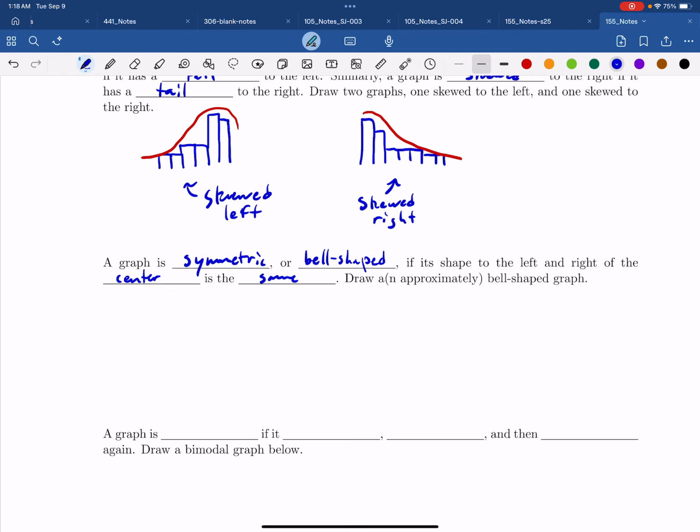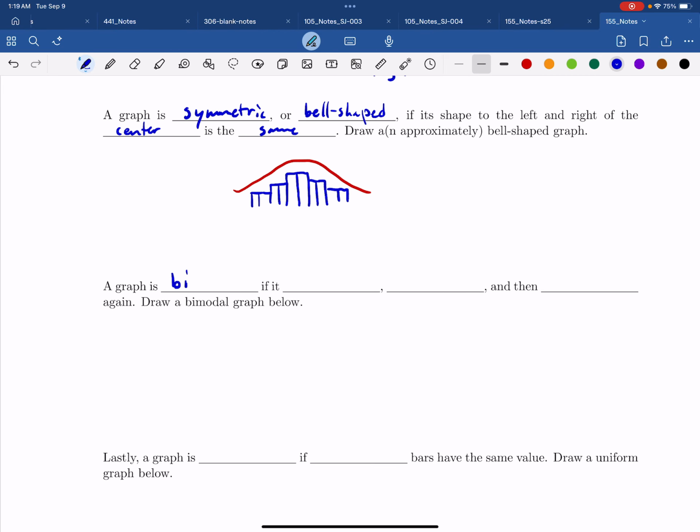So an approximately bell-shaped graph would be something like this, and it could be steeper or less steep. Maybe something like that, where you see it's roughly symmetric, right?